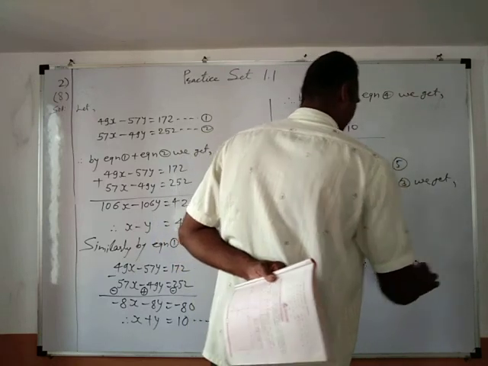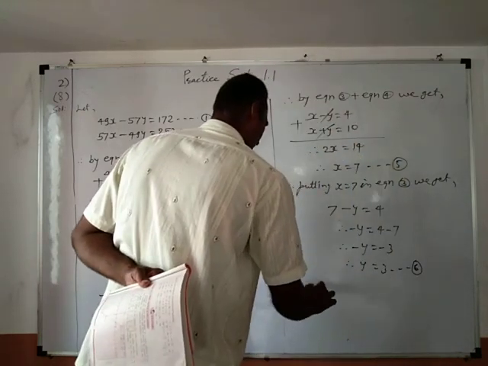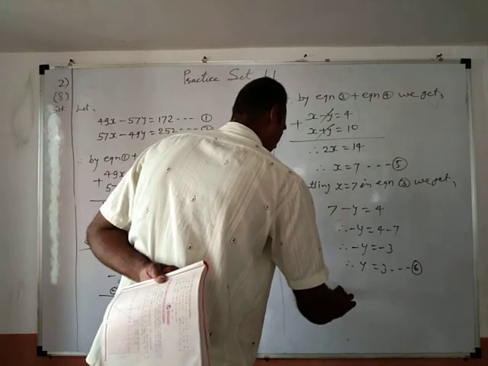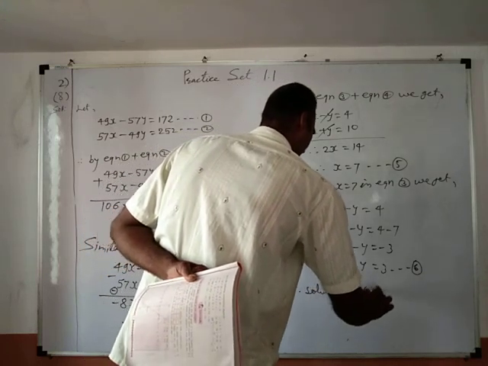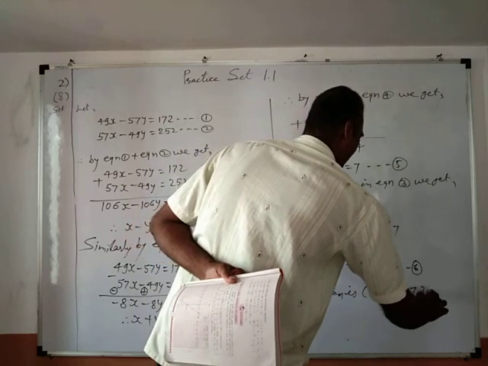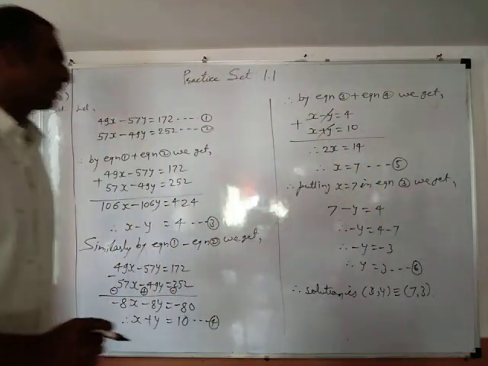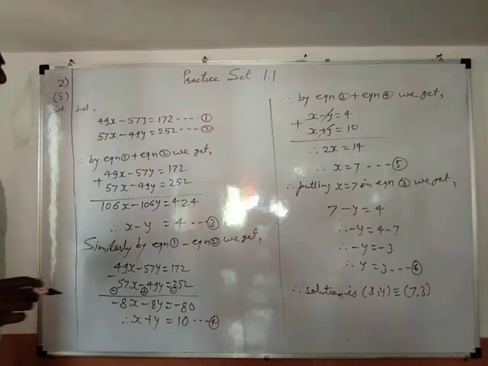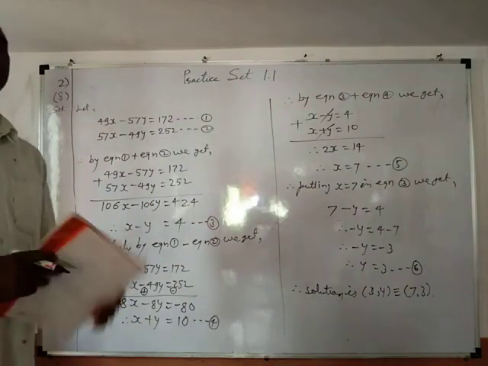Equation 6, and therefore the solution is x comma y must be 7 comma 3. Okay, this is the solution for the given pair of simultaneous equations.